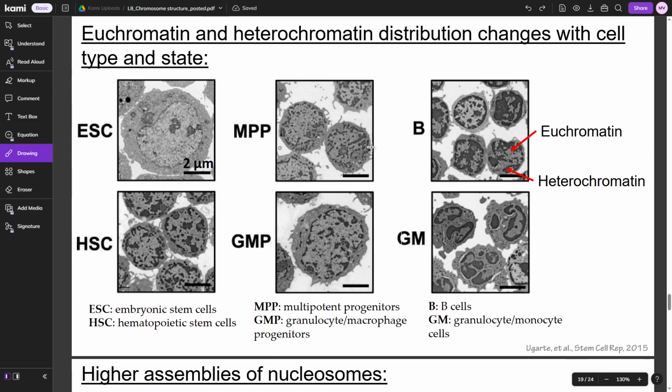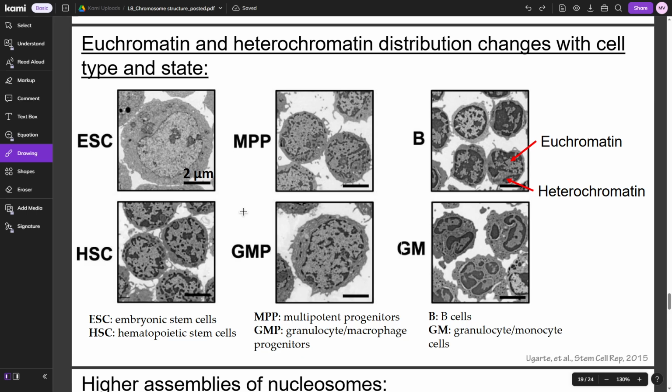So yeah, the distribution of euchromatin and heterochromatin changes depending on what stage the cell is in. This should make sense. If certain types of cells are going to need certain genes to be more active than others, they're going to have those areas be more euchromatin-like than heterochromatin-like, right?